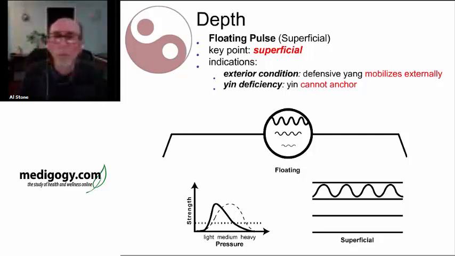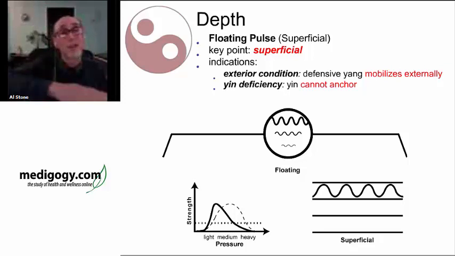Is choppy always slow? No, I don't think so. In fact, when we get there, I'll talk about the 3-5 pulse, which is kind of fast, slow. And the slippery, wiry pulse is one that has components of both.